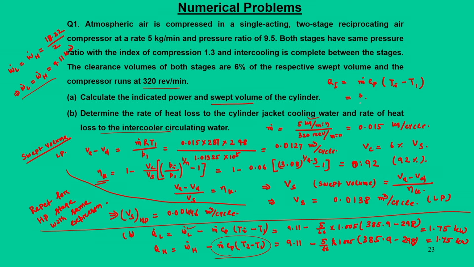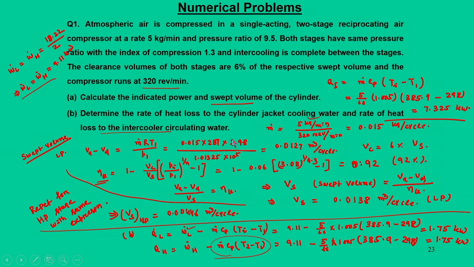That is 5 by 60, 1.005, and Ti minus T1 is 385.9 minus 298. So, the answer here becomes 7.325 kilowatt.